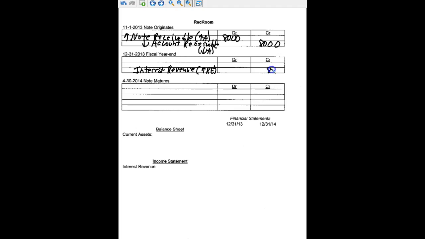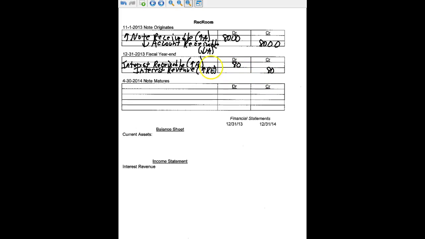That was for $80. We have not received this revenue, right? We haven't gotten cash yet. So since we haven't received cash yet, it's a receivable. And we're going to call it, but it's not an account. We don't really have an account. It's going to be labeled interest receivable. Interest receivable is an asset.